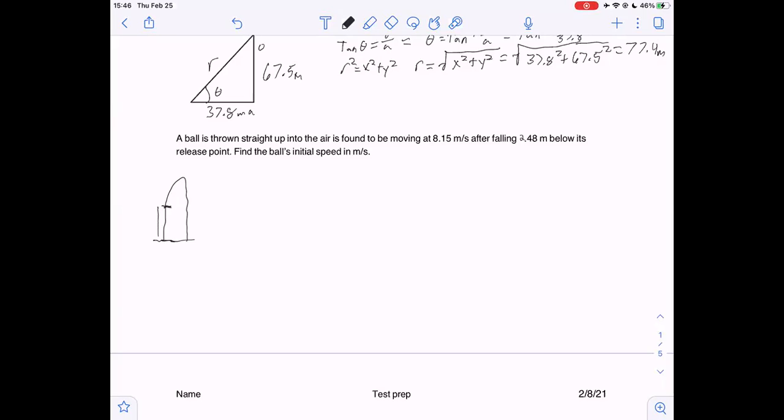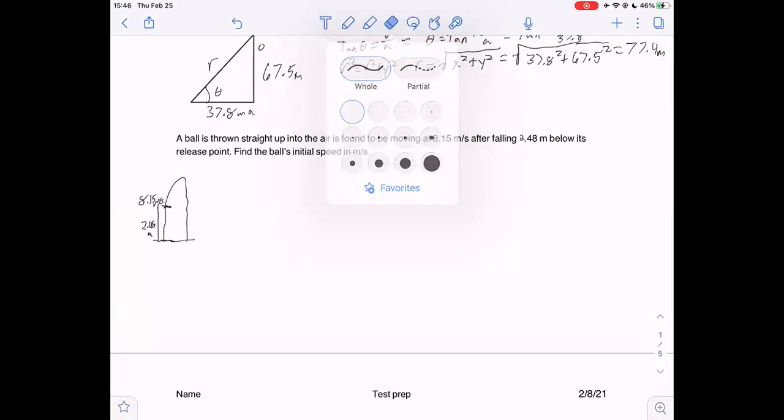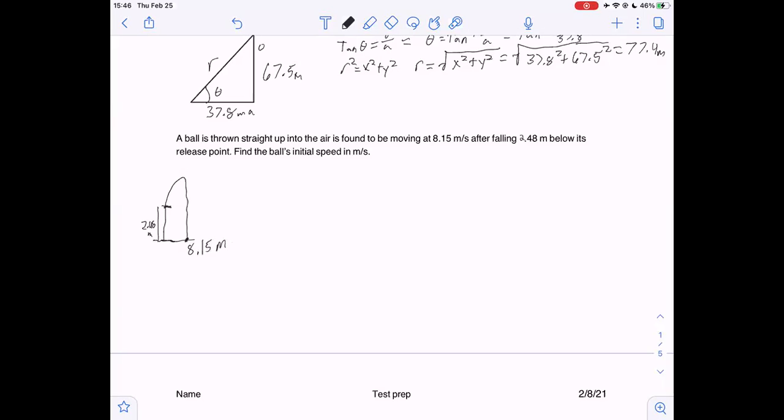So we know this distance is 2.48 meters. Our final velocity down here is 8.15 meters per second.